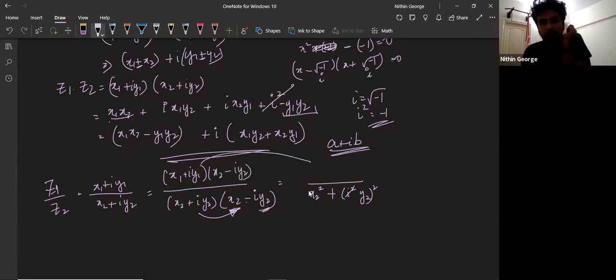Do this multiplication separately on top. So you get x1, x2 plus y1, y2, because it's minus i square. Then plus i into x2, y1 minus x1, y2. This is how we write it as a plus ib form.